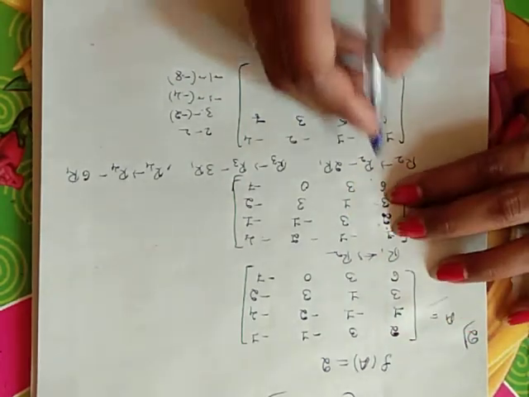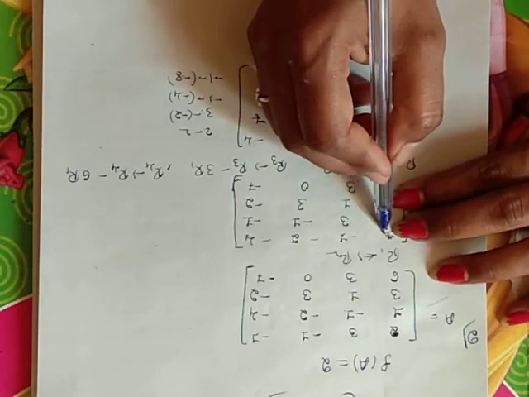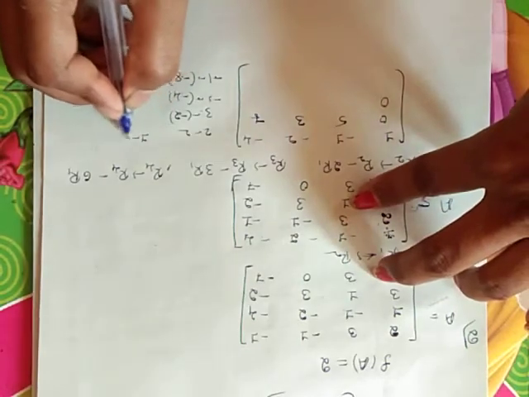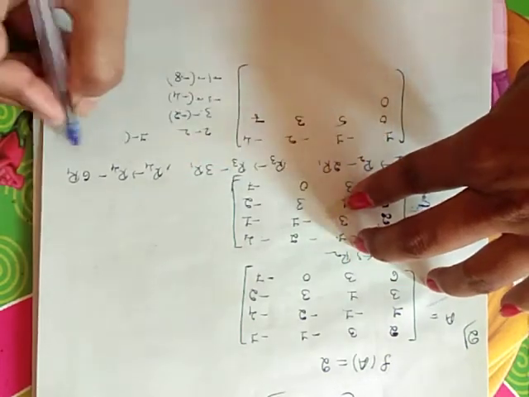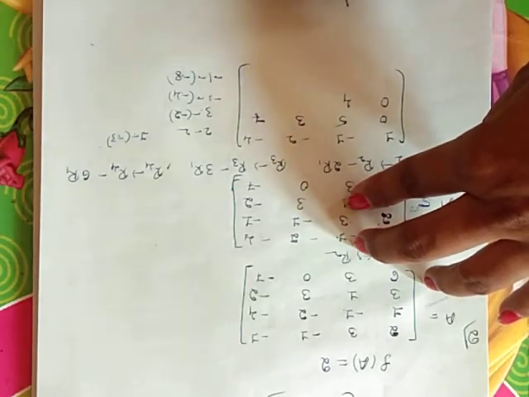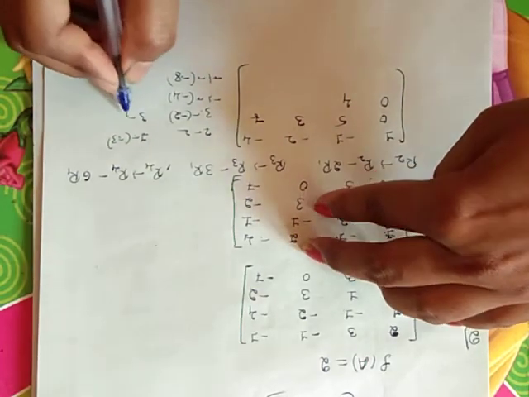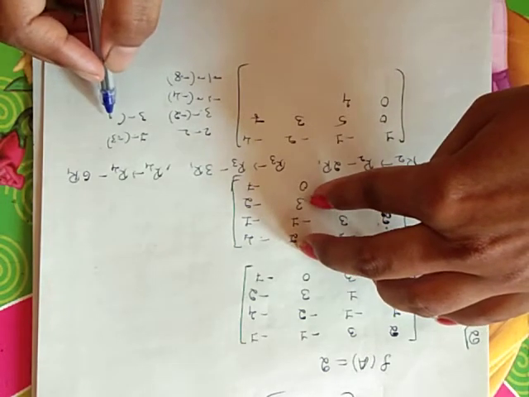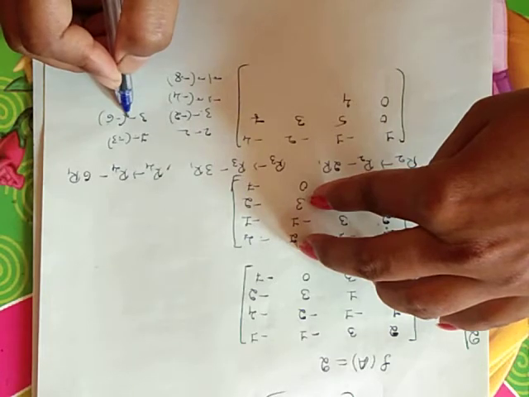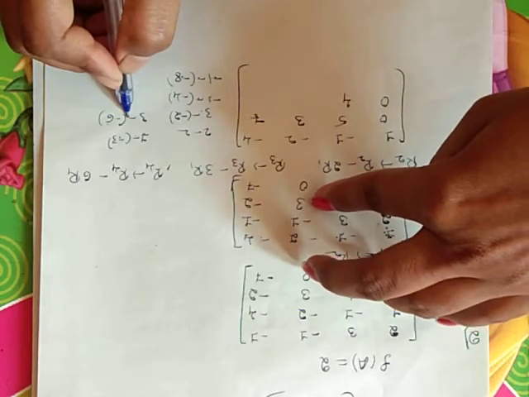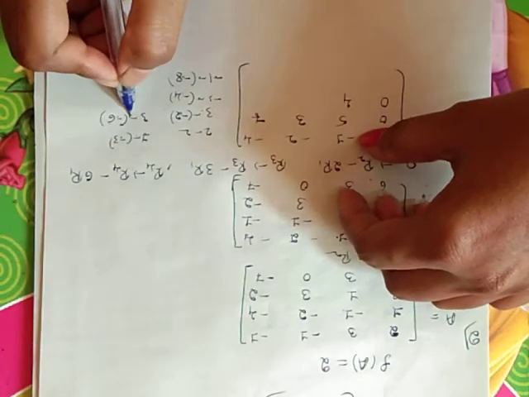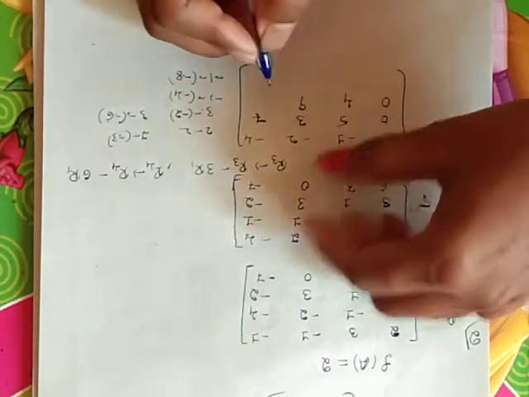Now 3 minus 3 into 1, 0. 1 minus 3 into minus 1, 1 plus 3, 4. 3 minus 3 into minus 2, 3 plus 6, 9.